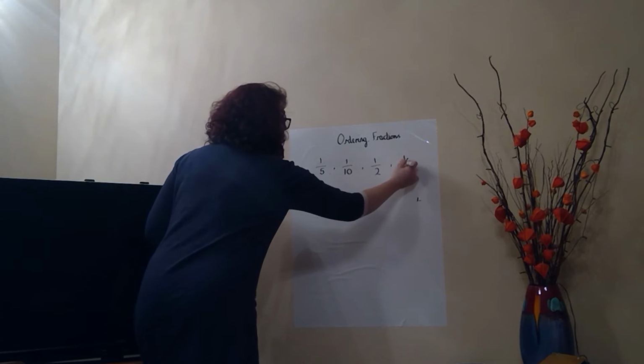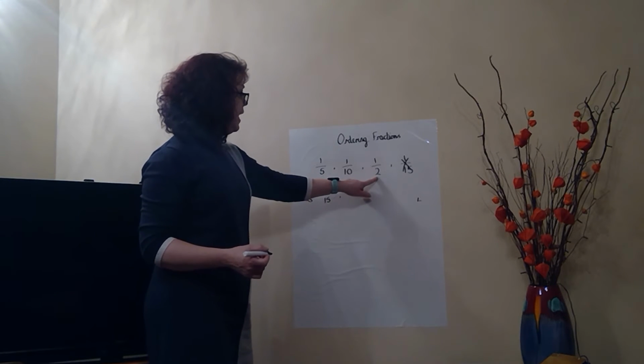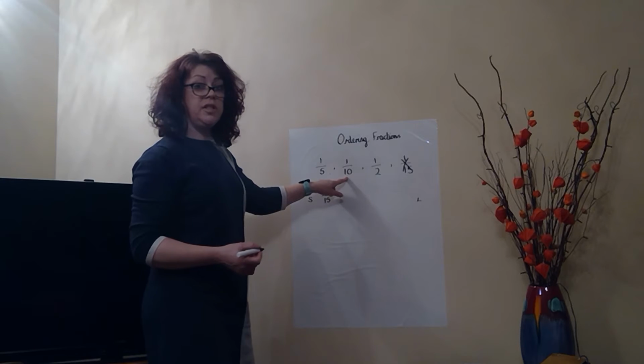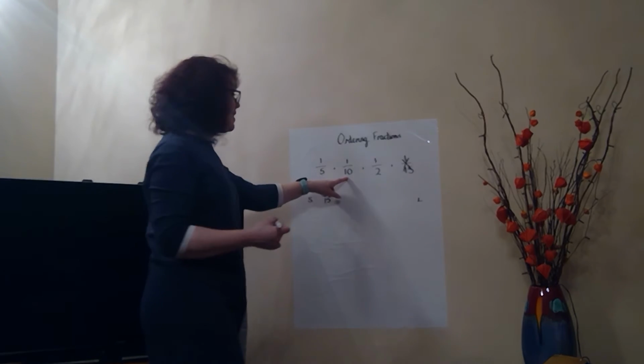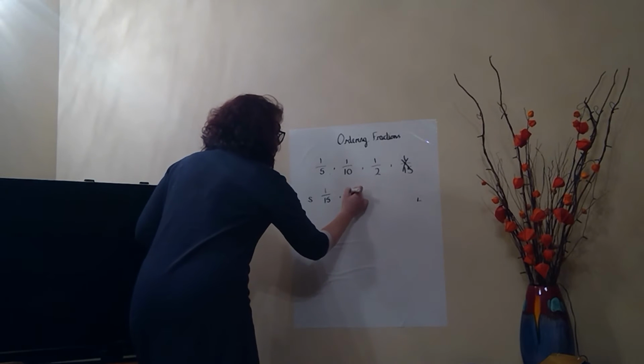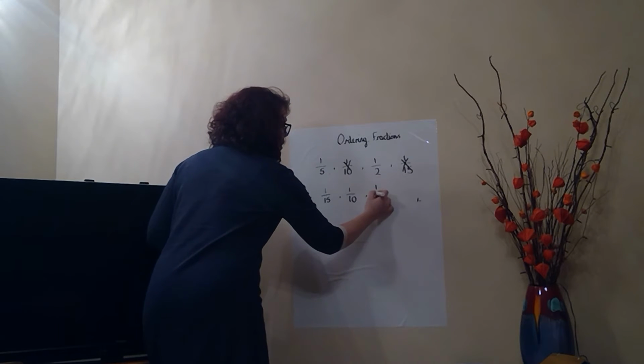And again, I'm going to cross it off so that I know I've used it. And if I look at my denominators again, my next largest denominator is my tenths here, which means that's my next smallest fraction. Crossing it off. And then I've got 1/5.